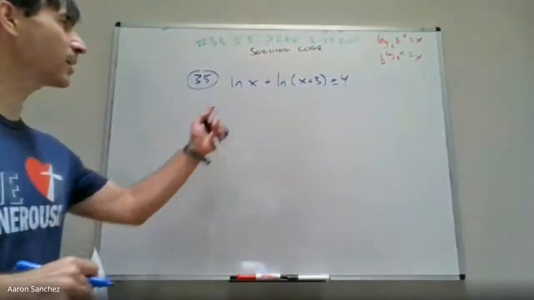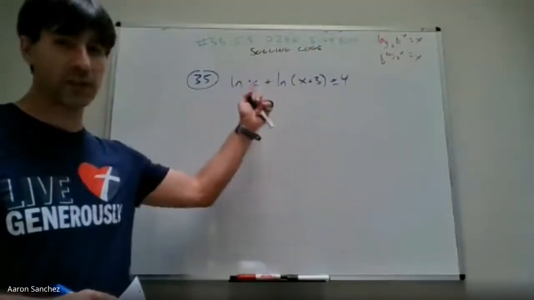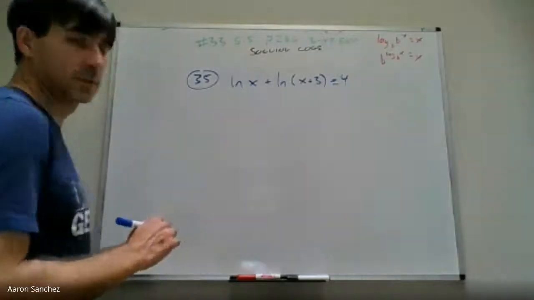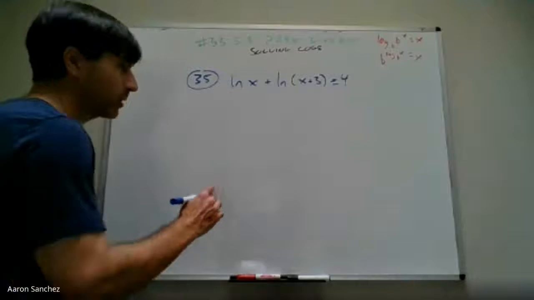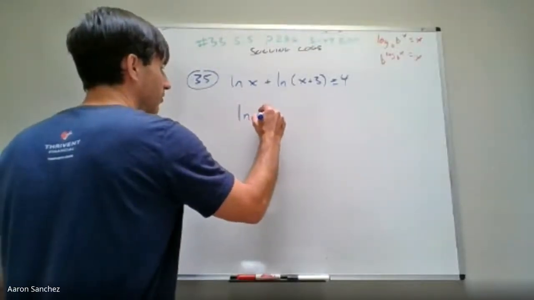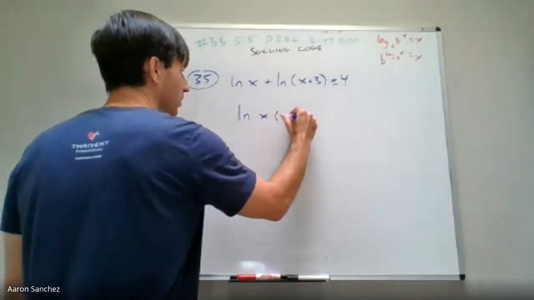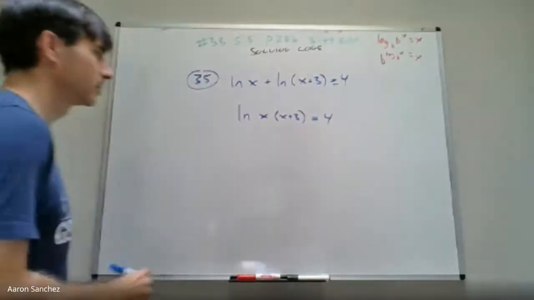Now our product rule says if our base is the same, we have a base of e, this becomes, you guys ready? You don't remember? Natural log of x times x plus 3 equals 4.